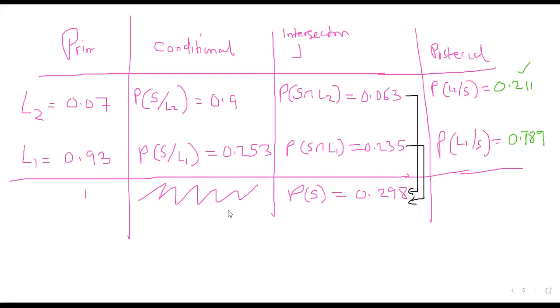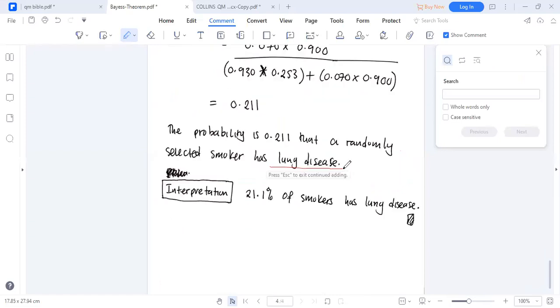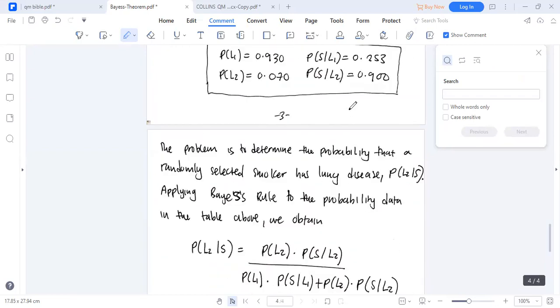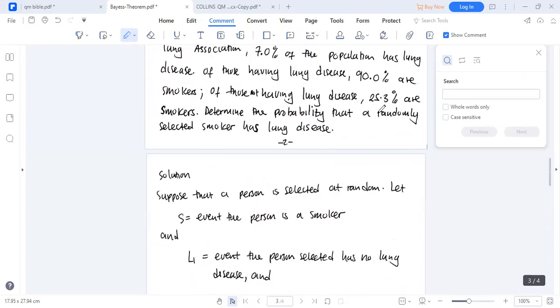Then we compare. They're asking us to find the probability that a randomly selected is a smoker and has a lung disease. Are we getting the same figures? 0.211. So this question was asking for us to find the probability that a randomly selected smoker has a lung disease.